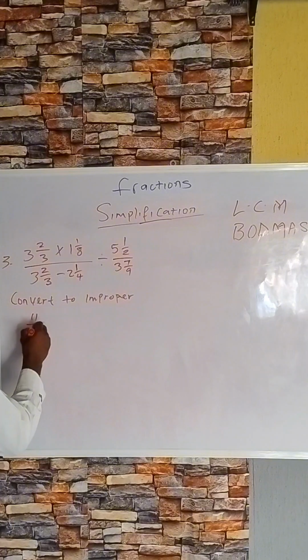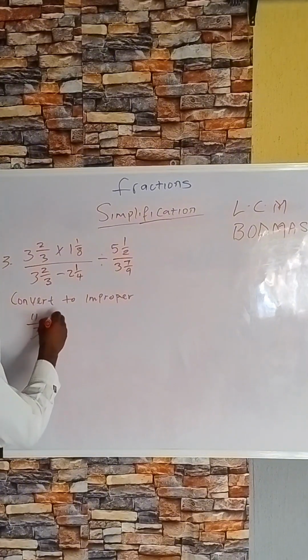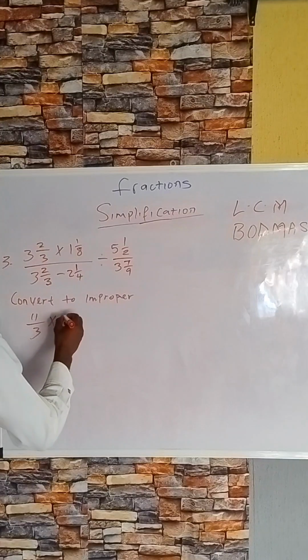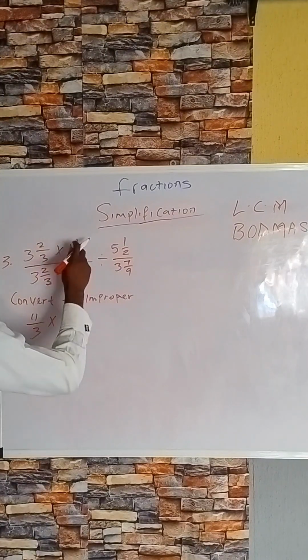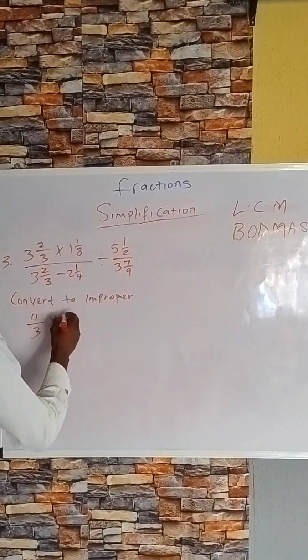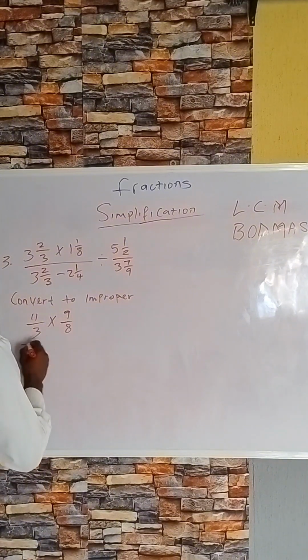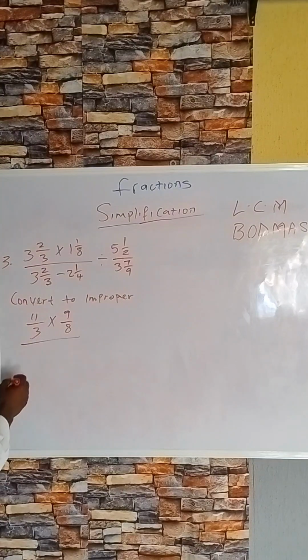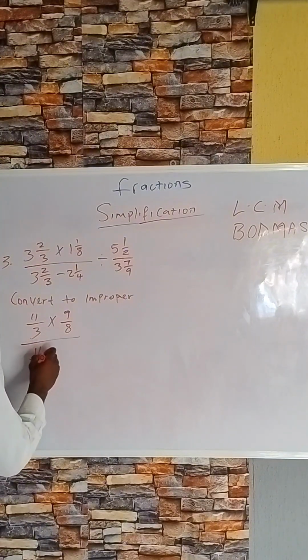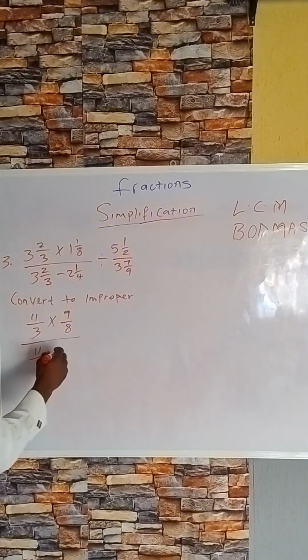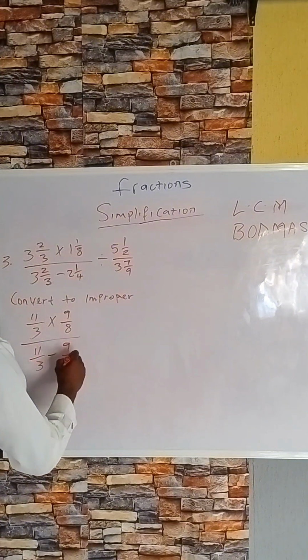It's 11 over 3 multiplied by 3. 8 times 1 is 8 plus 1 is 9. 9 over 8 as well over 3 times 3 is 9 plus 2 is 11 as well over 3 minus 4 times 2 is 8 plus 1 is 9. 9 over 4.